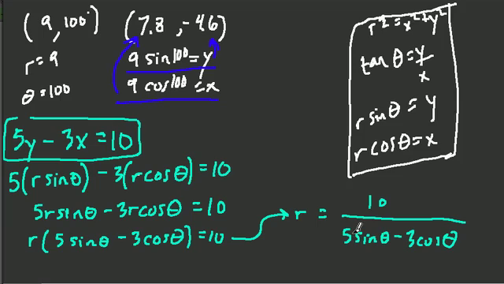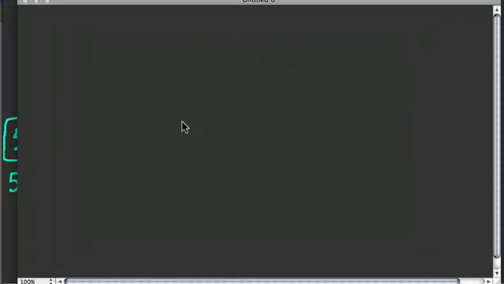It might even make more sense to write r of theta. So r is a function of theta, because these values depend on what theta is. And that's a conversion from Cartesian to polar coordinates.